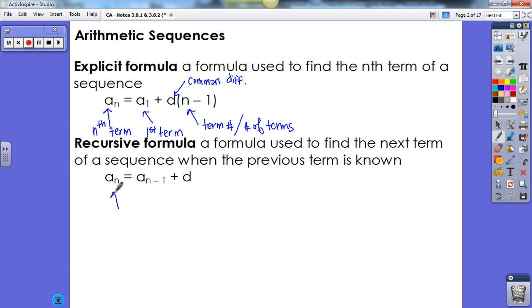So this is still my nth term. This would be the previous term, or the term before the nth term. And then this is my common difference.